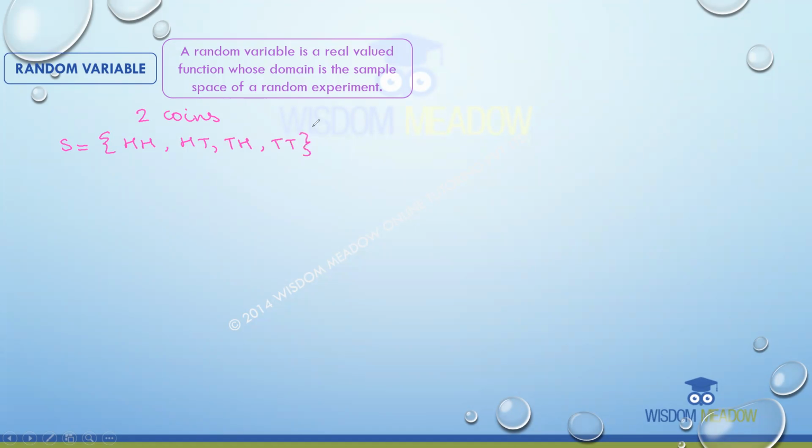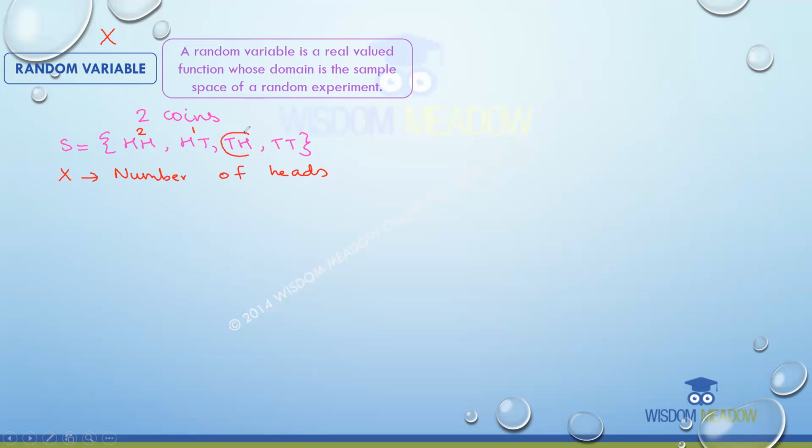If you consider the random variable, which is usually denoted as capital X, that is the number of heads. So if you consider the first outcome, the number of heads over there is 2. The number of heads over here is 1.